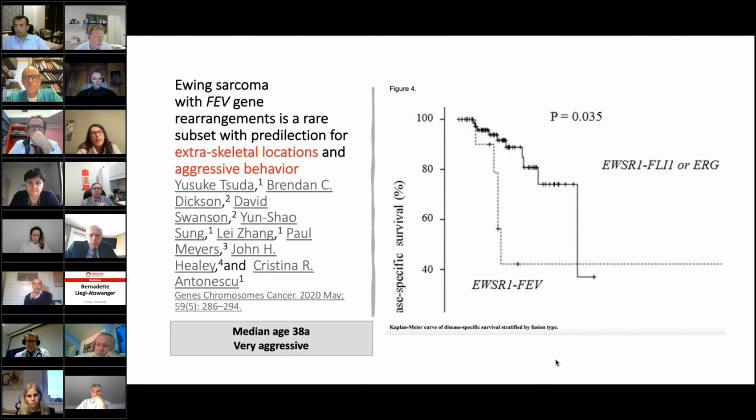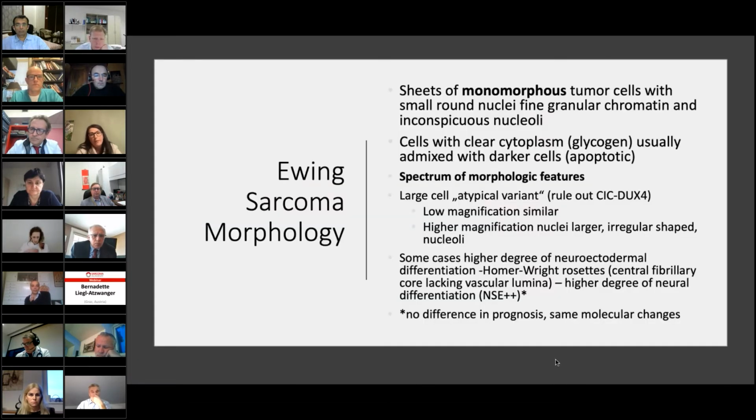We also learned that we get some insights about the prognosis of these tumors by looking at the fusion partners. Christina Antonescu presented in her paper that, for example, Ewing sarcomas with EWSR1-FEV fusions are more commonly located extraskeletal and have a more aggressive behavior.